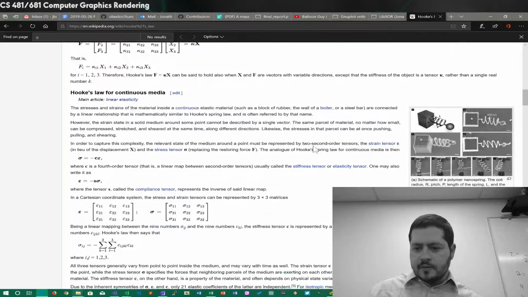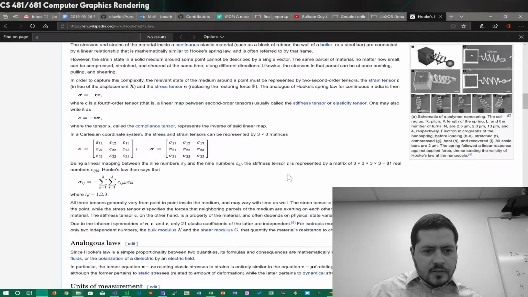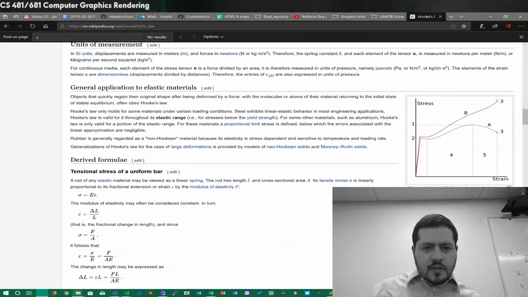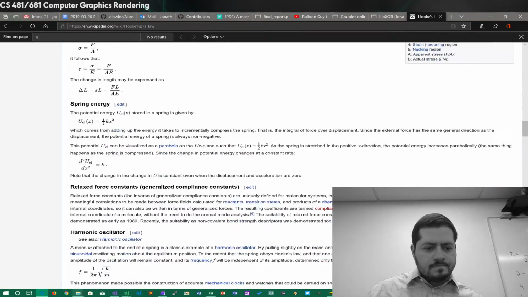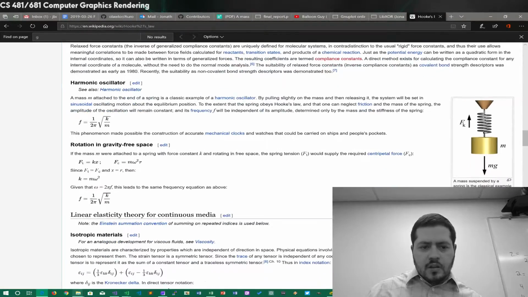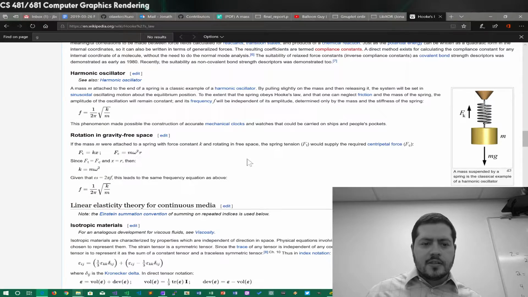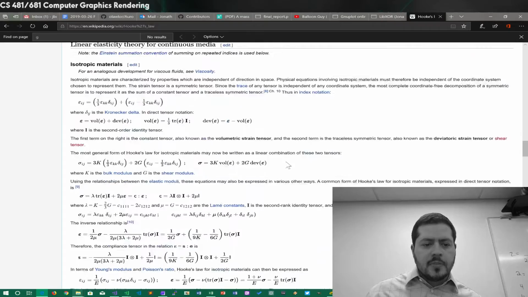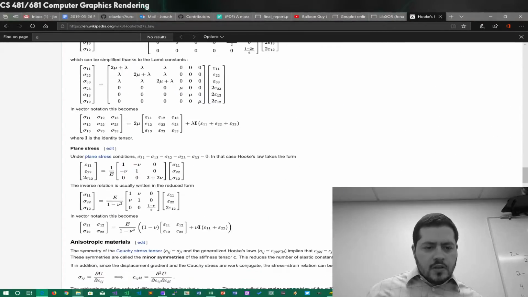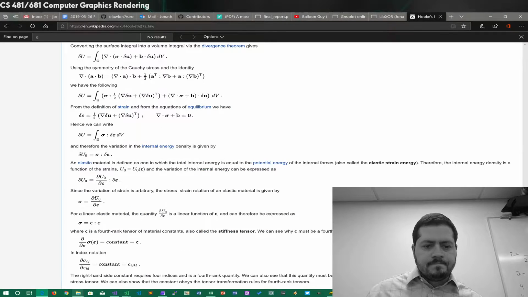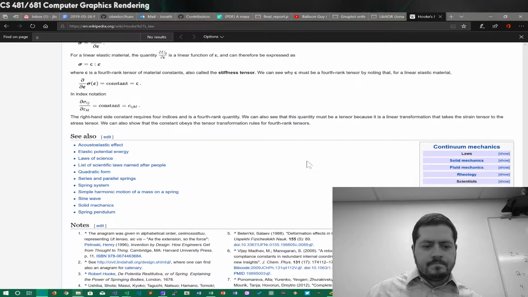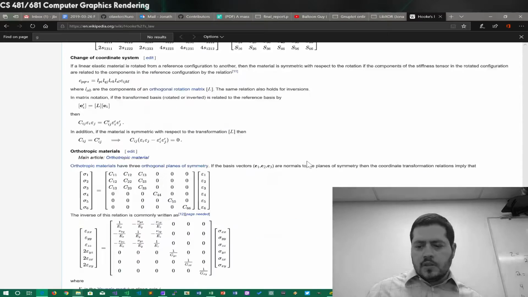I don't know if they have examples of springs in here. There's the harmonic oscillator, and that comes out from, we basically made one of those.